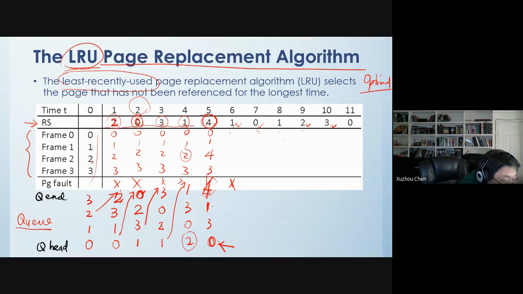So that means I'm going to put 1 at the end, and 0 is still here, 3 is still here, 1 is put on the back, and 4 will be pushed forward. Okay, so now we have 0, 3, 4, 1.